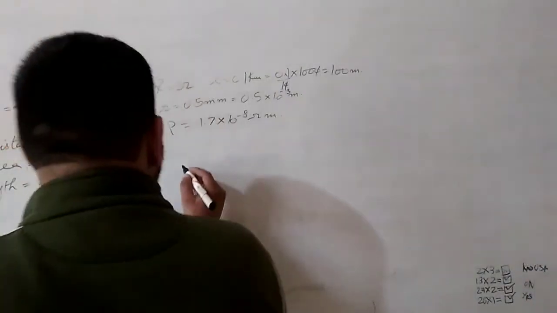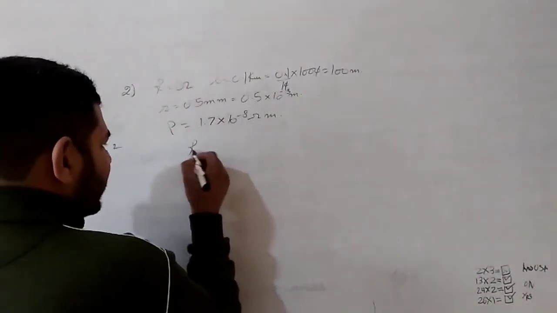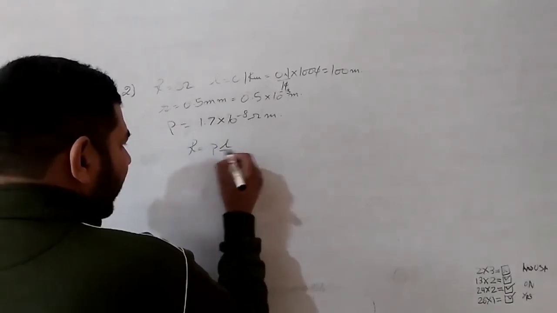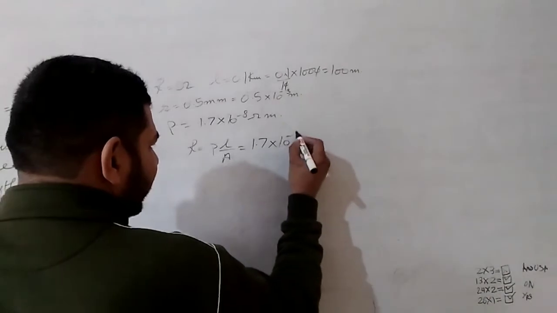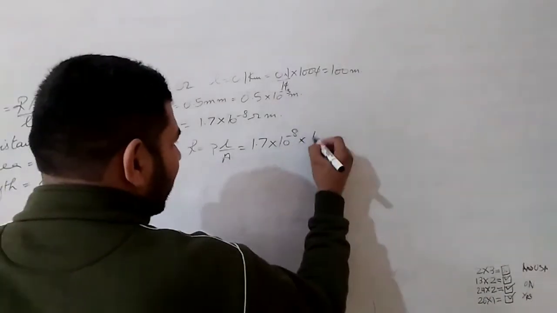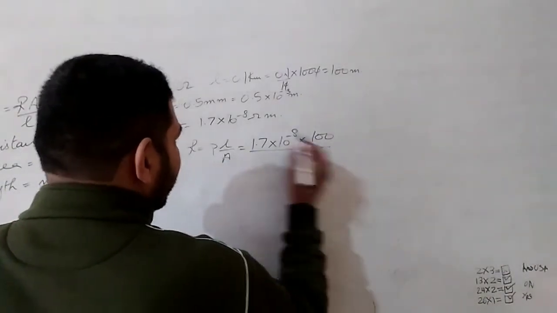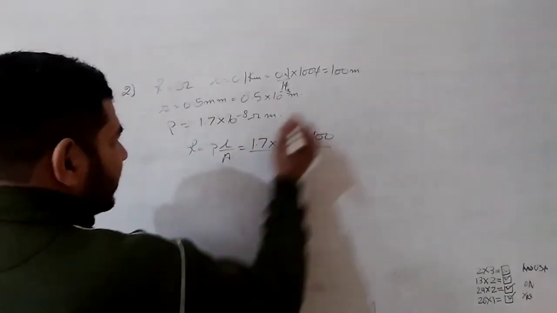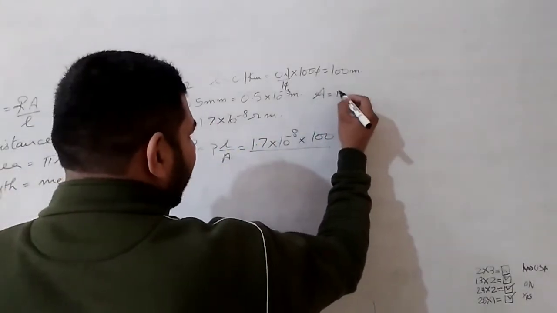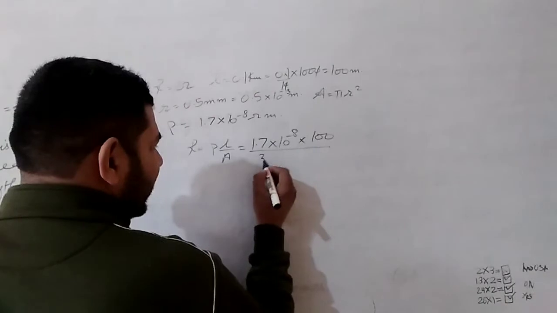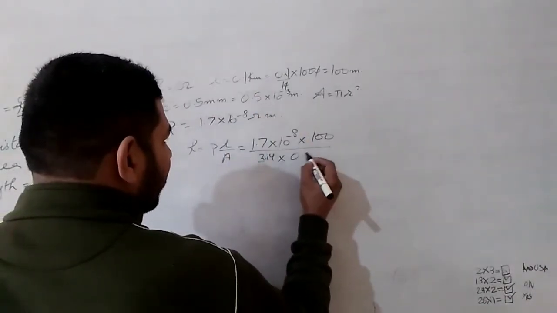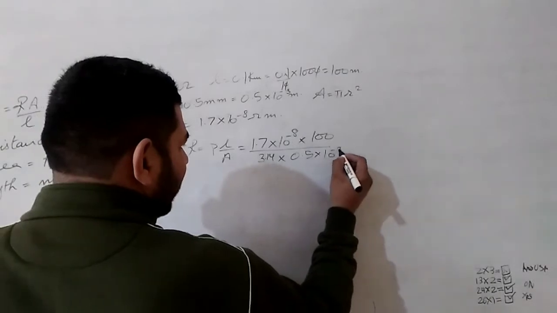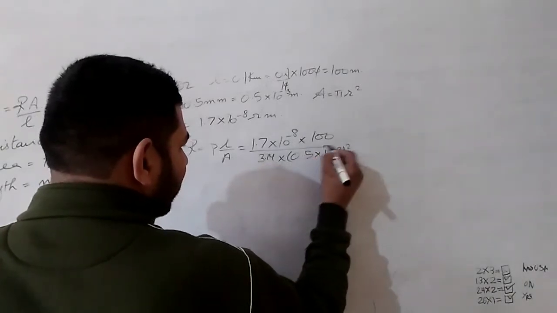We will write R is equal to rho L by A. Rho is 1.7 into 10 raised to power minus 8. Length is 100 by A, where A is equal to pi r square. Pi is 3.14 into the square of r, that is 0.5 into 10 raised to power minus 3 whole square.